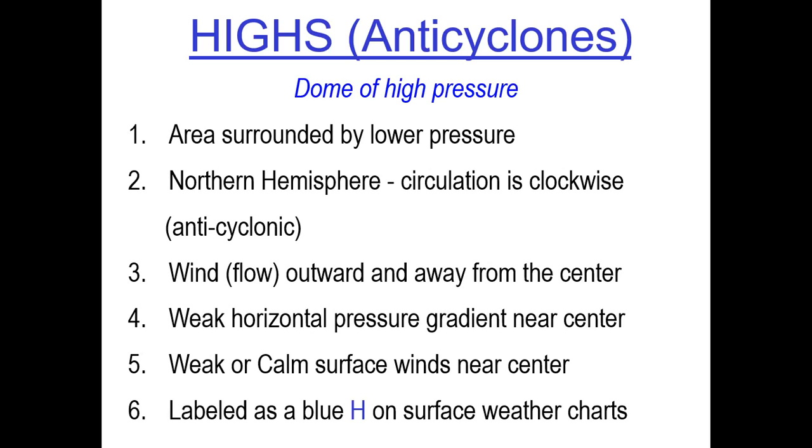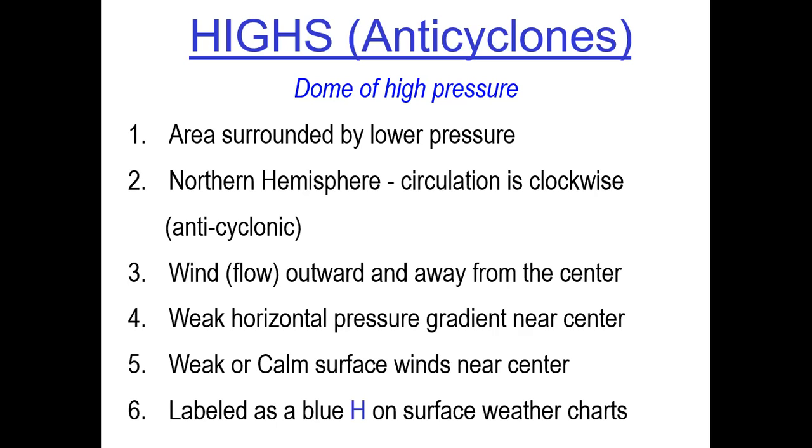All right, so let's break down the differences between high and low pressure systems, okay? This is a very important part of learning about pressure systems. Highs are also known as anticyclones, and they're basically a dome of higher pressure. So some key points about high pressure systems.